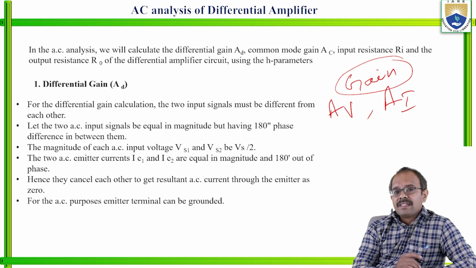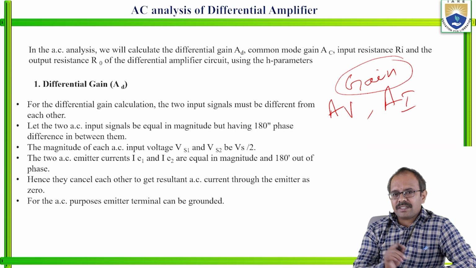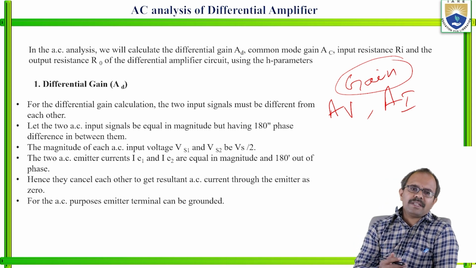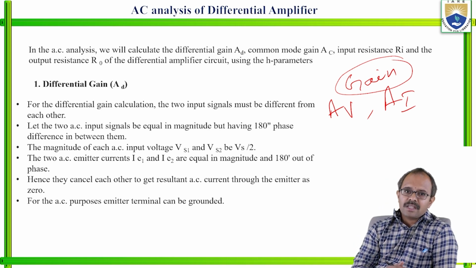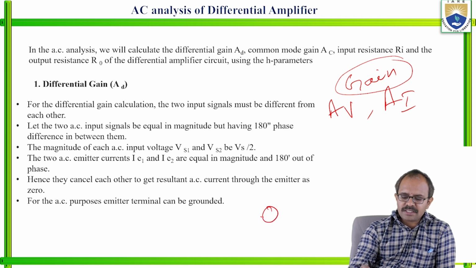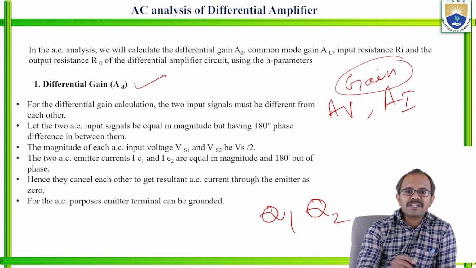And here the nature or the type of the gain which we are going to determine is somewhat different compared to your basic amplifier, because in a basic amplifier, if you consider common emitter, common base or common collector, it is only a single transistor. There we use only one transistor, Q1, and here we have two transistors, Q1 and Q2. So here the gain which we are going to measure is the differential gain.